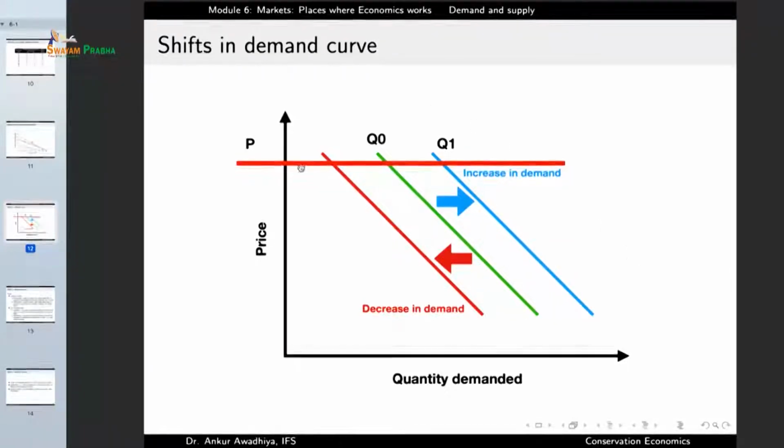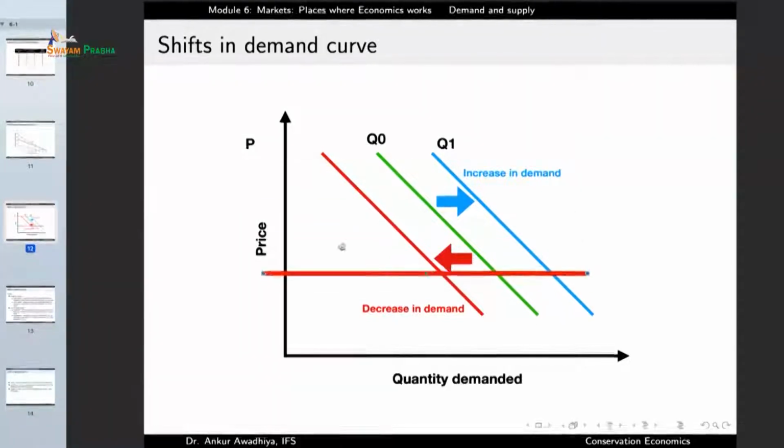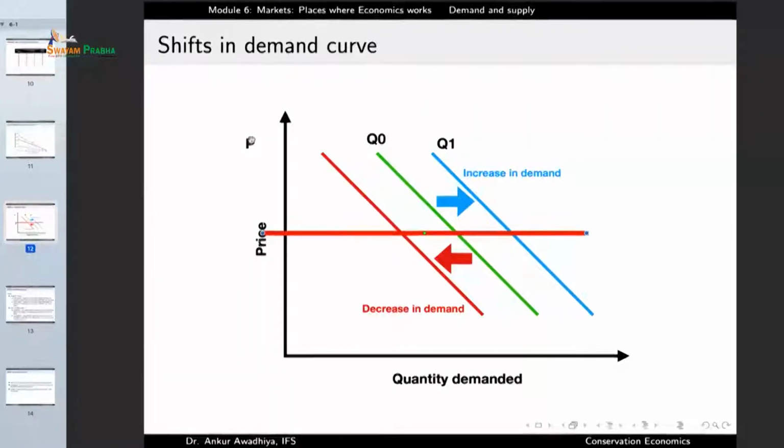So in place of this price, if we shift to another price, if this is P, this is Q0, and this is Q1, the quantity that is demanded at this price also has increased. You take any price, and when there is an increase in demand, the quantity demanded will increase. And we represent it on the curve as the curve shifting to the right.